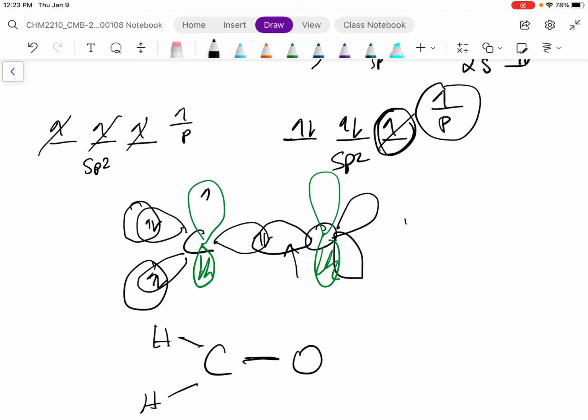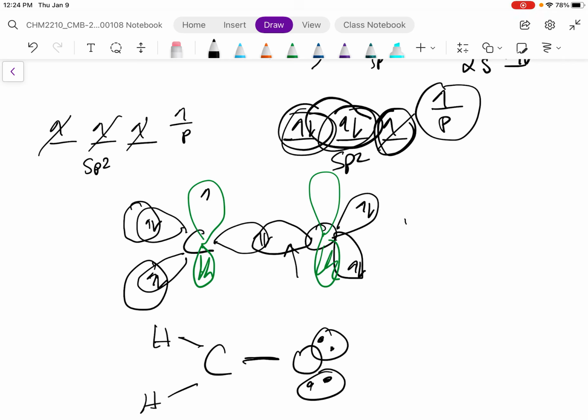So where's this electron? Where are these guys? Well, my diagram tells you where they're at. They're in sp2 hybridized orbitals. So those lone pairs, when we look at oxygen here, those lone pairs right there are in the sp2 hybridized orbitals.